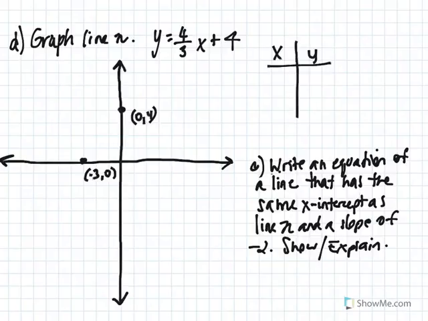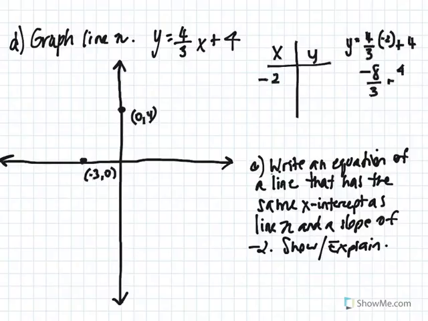So let's have x equal -2. When x equals -2, let's find y. We have y equals 4/3 times -2 plus 4. So I get -8 over 3 plus 4.